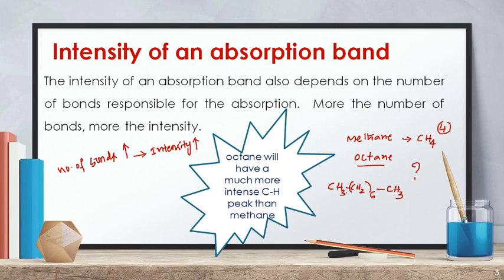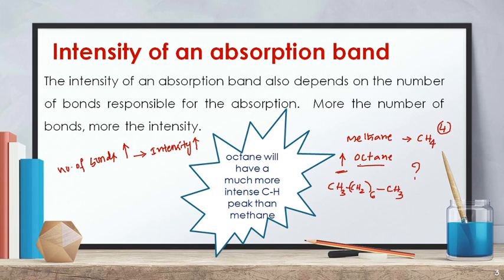But if you see the structure of octane, you find more bonds. If the number of bonds is more, then the absorption must be more. That means octane will give a more intense peak compared to methane, even though the two compounds come under the same category, that is alkane.